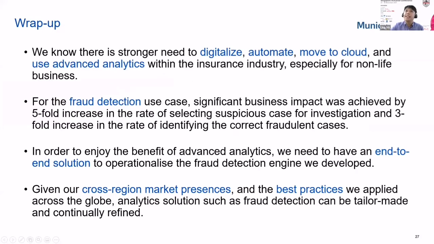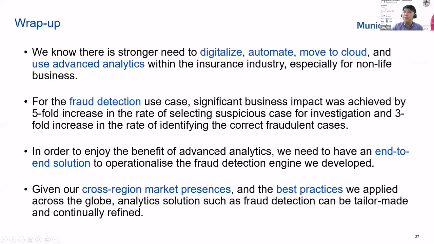Lastly, just a quick wrap up, we know there's a stronger need to digitalize, automate, and use advanced analytics within the insurance industry, especially for non-life business. For the fraud detection that we have demonstrated, there was a five-fold increase in the rate of selecting suspicious cases for investigation, as presented by Bala, and a threefold increase in the rate of identifying the correct fraudulent case.